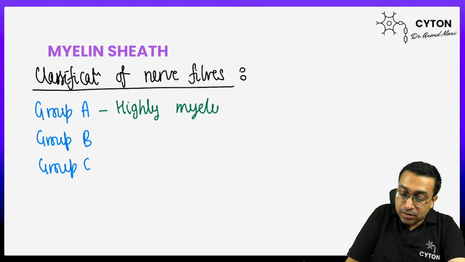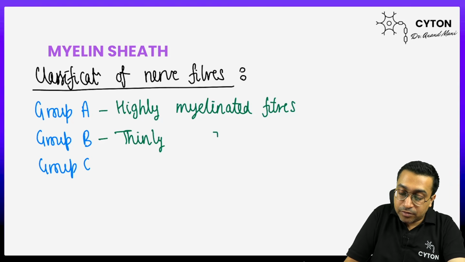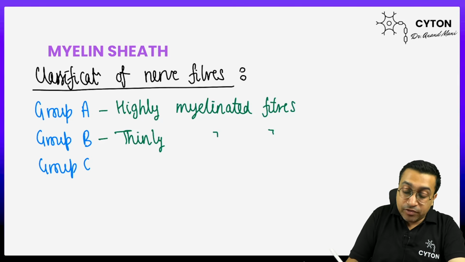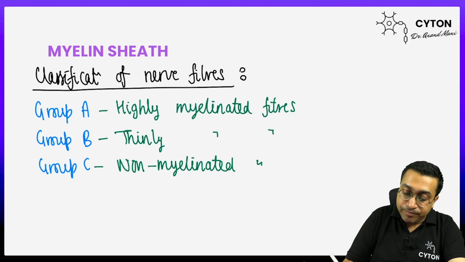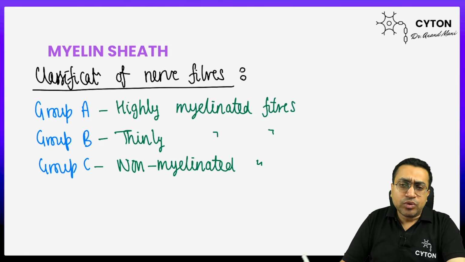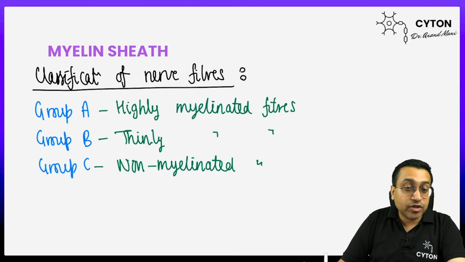Group B is thinly myelinated fibers, up to 3 micrometers thick. Then we have non-myelinated fibers, group C, which can be 0.2 to 1.5 micrometers thick. So that is the classification of the nerve fibers.